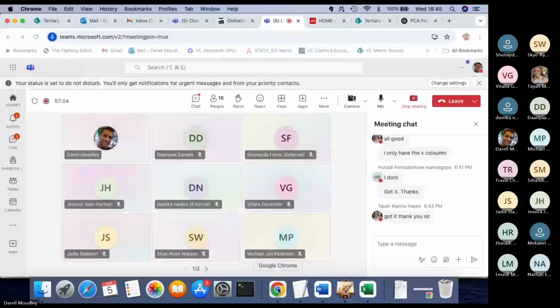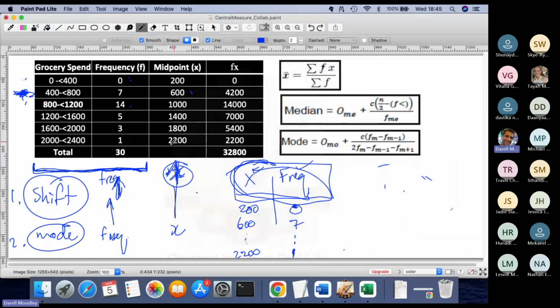Go back. If people are still capturing it.